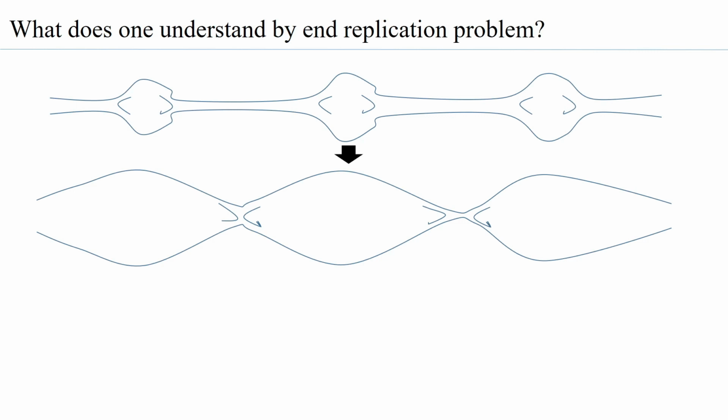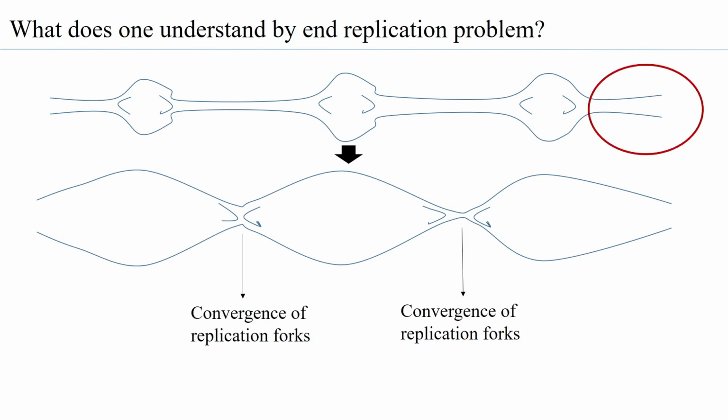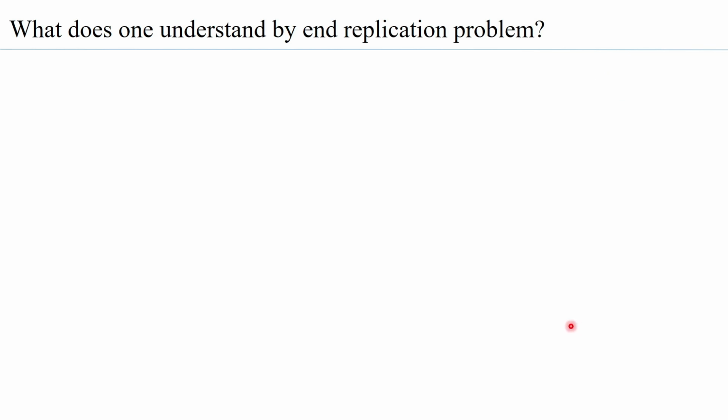However, in this session, what we are going to focus on is mainly what happens at the ends of the linear DNA. How does termination happen at those ends, or is there something that is different from normal? That is what we are going to look at in this session.